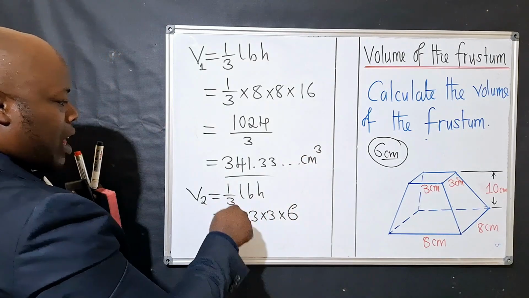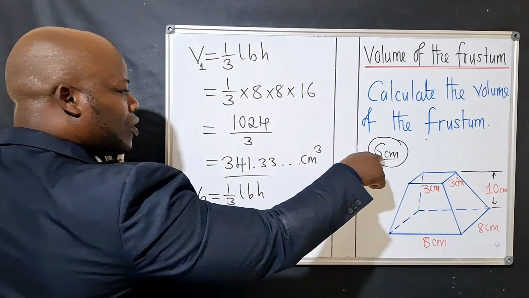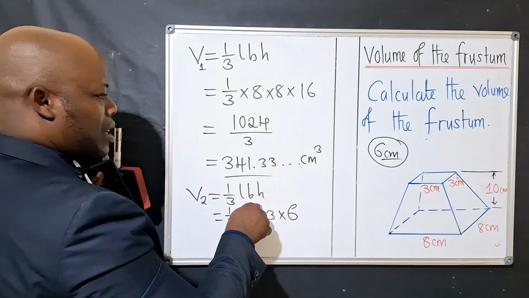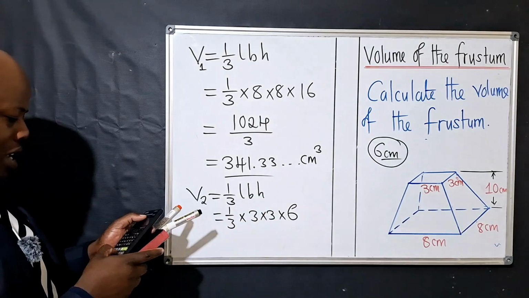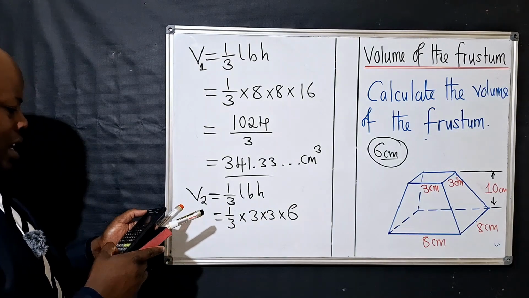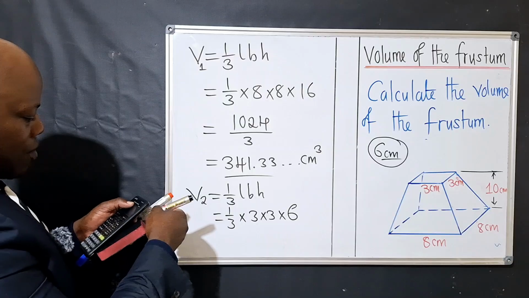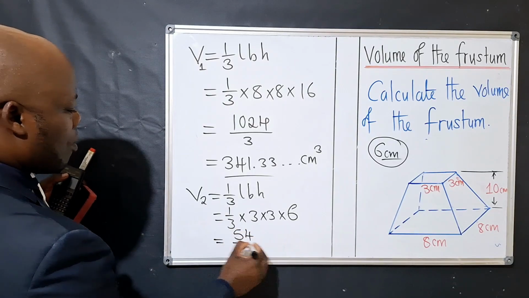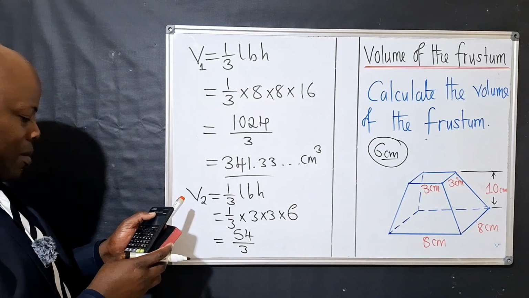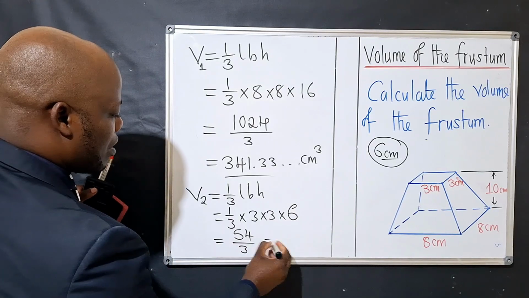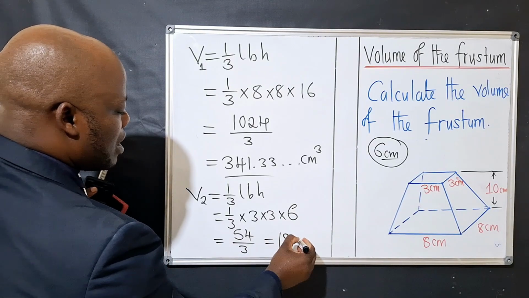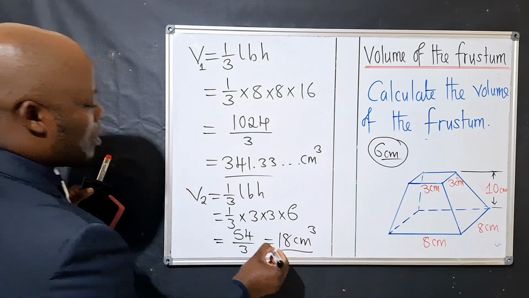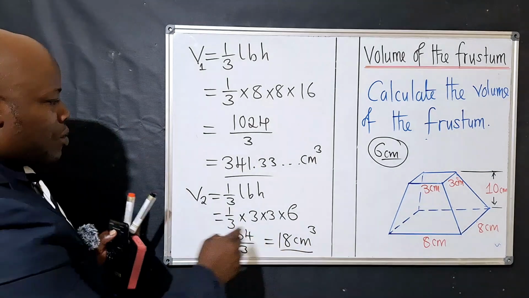Now for the second volume, I'll just use this where h is here. And then I multiply 3 times 6. It's giving me 54 over 3. So when I divide by 3, I'm getting 18 centimeters cubed. So this is volume 2.